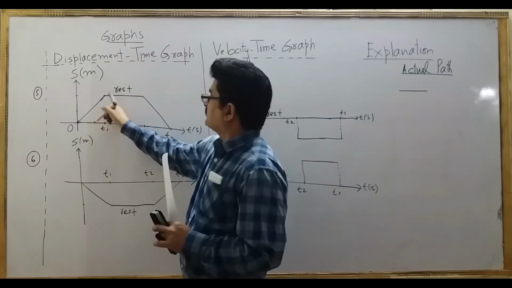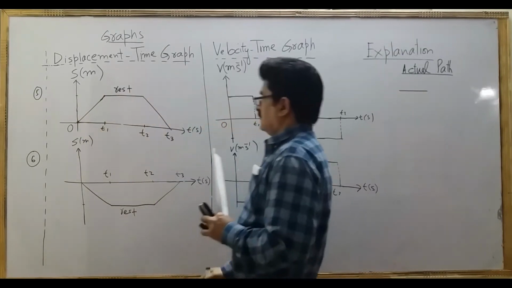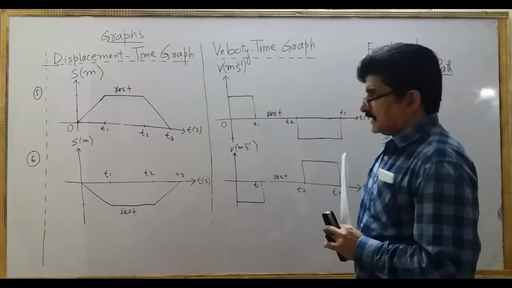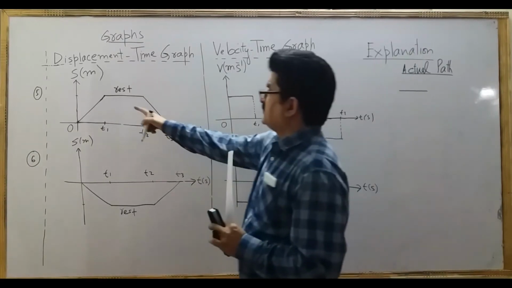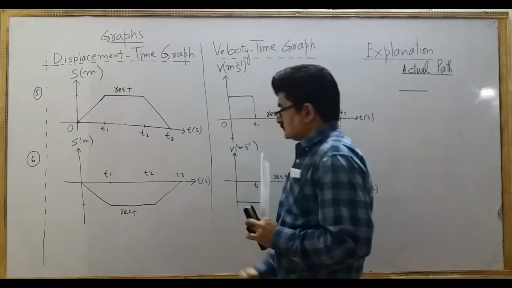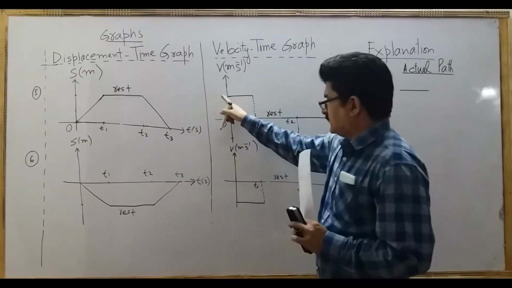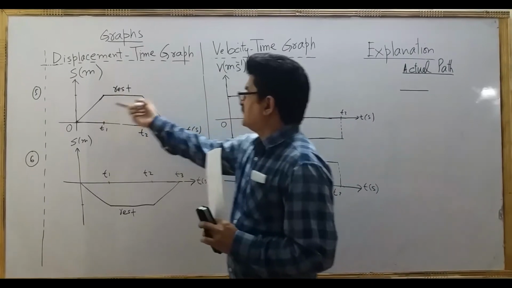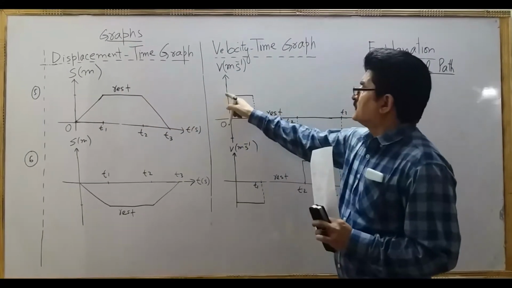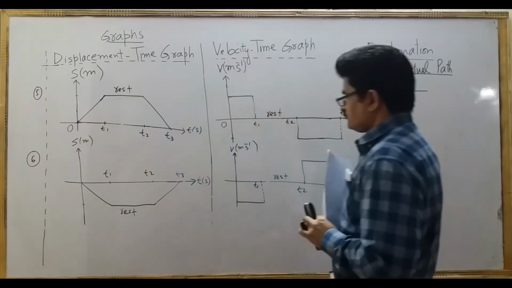The gradient of this graph is velocity. So velocity is positive and constant. For example, if the gradient is 3, the velocity remains 3 from time 0 to t1.